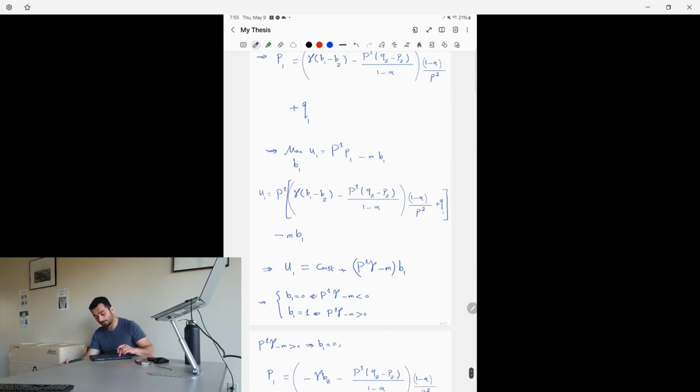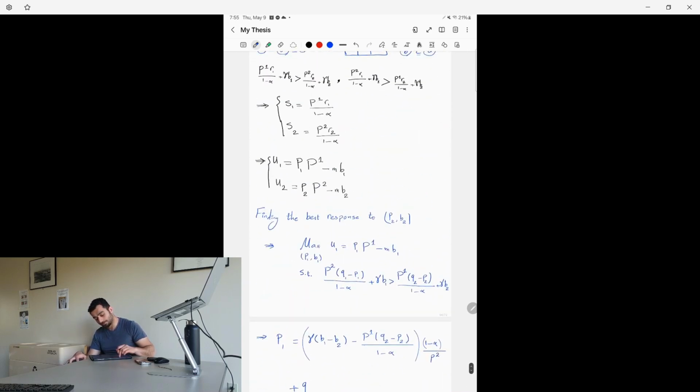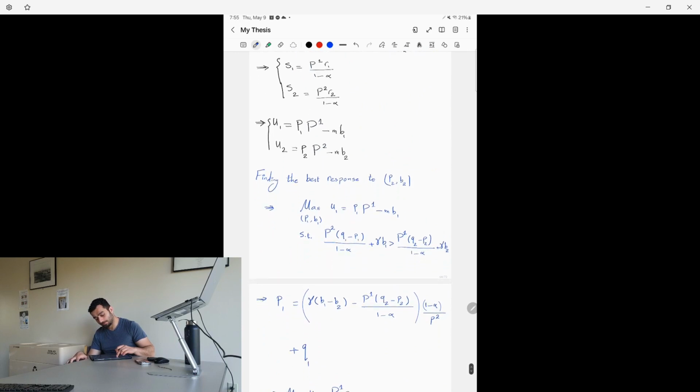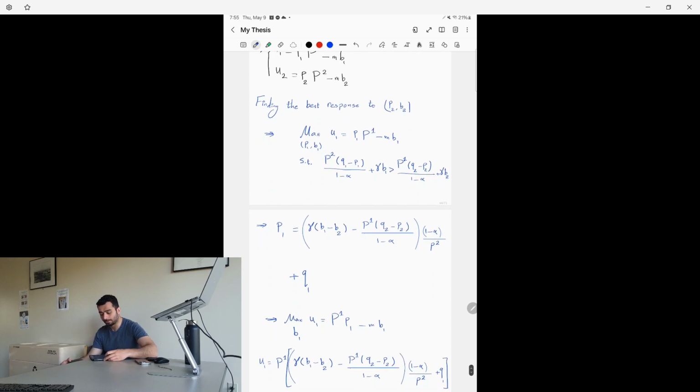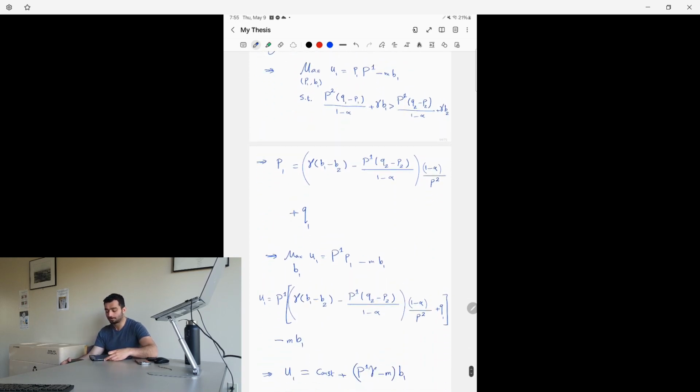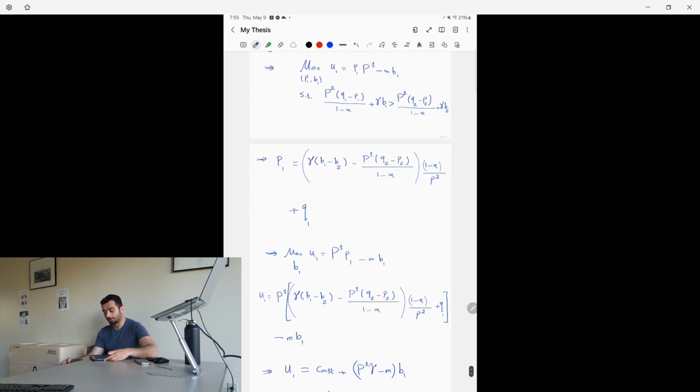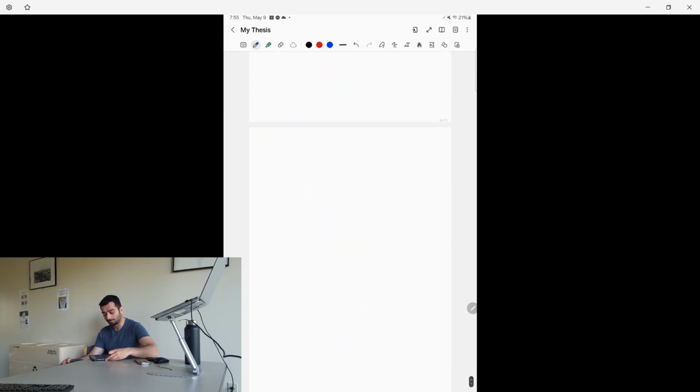What is the constraint here though? Well, this constraint holds, right? This constraint holds because of our choice of P1 and B1, the constraint holding.